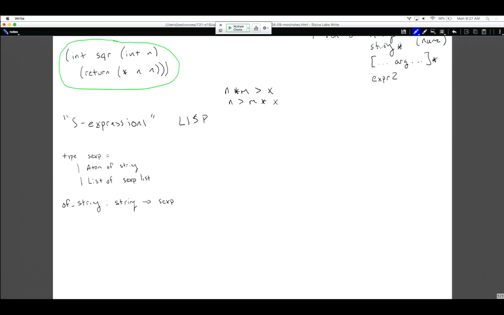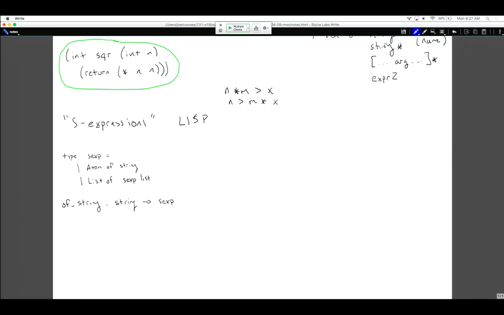Many programming languages, including OCaml, come with a built-in function that can take strings and give you back an S-expression for the string. This is what we're going to use to represent the concrete syntax of the programs we compile. So let's talk about a few examples of this. Here's the type that we're going to use in OCaml to represent S-expressions.